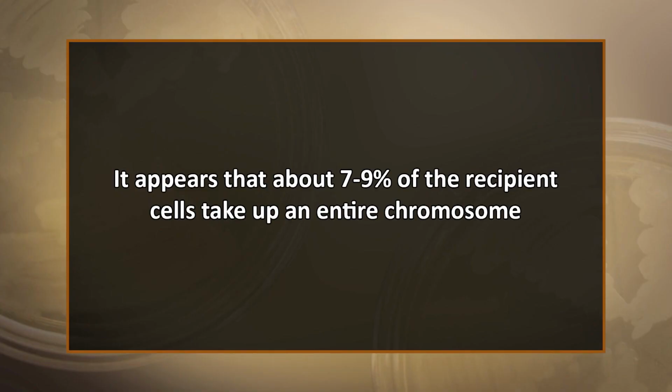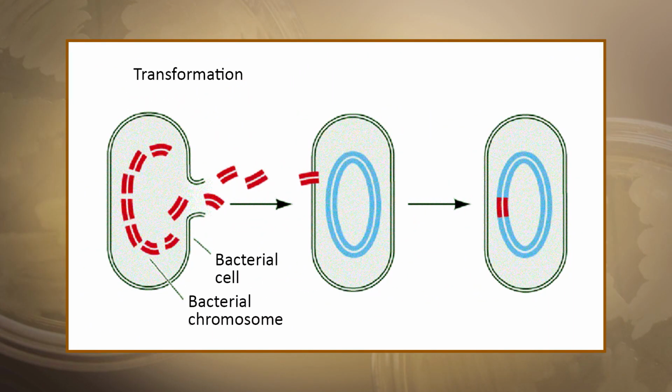It appears that about 7 to 9% of the recipient cells take up an entire chromosome. The capacity for natural transformation appears to occur in a number of prokaryotes, and thus far 67 prokaryotic species in 7 different phyla are known to undergo this process.